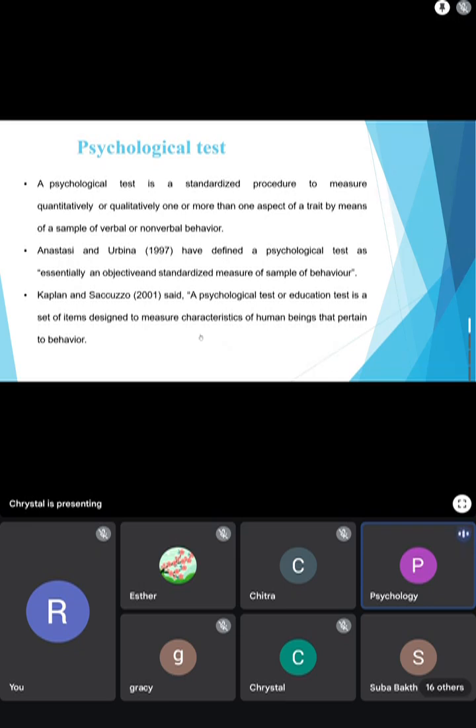Okay. The different tests we'll deal with tomorrow, but the basics, that is, what is the concept of a scale, what forms a good psychological test, the general classification of different tests, and how to construct a test, all these things I'll quickly deal with today.